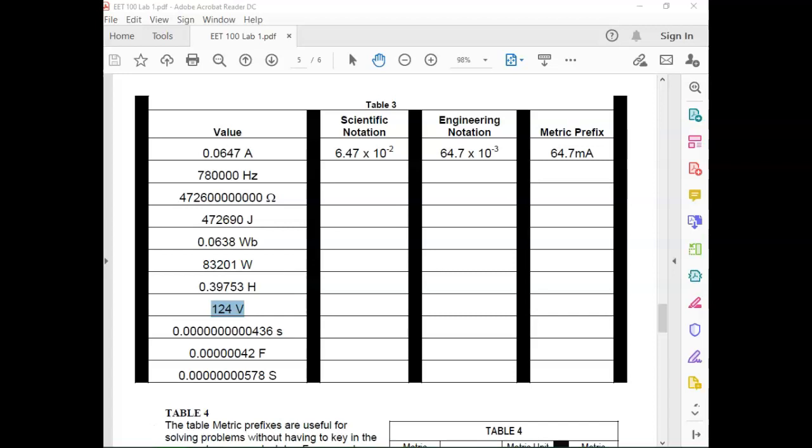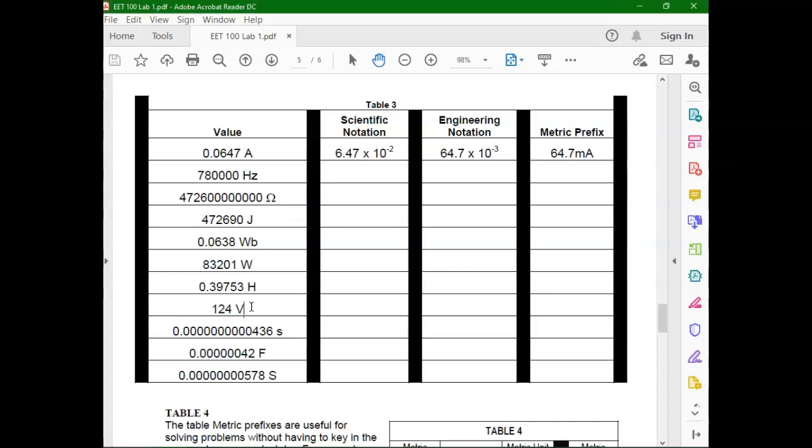Wouldn't that be 12.4 times 10 to the... I'm not sure. Okay, so with this guy, he's just going to be a whole number. He has no engineering notation because there's no way I can put him in a power of 3 without ending up in either 0.124, which is not going to work because I don't have a number in front of that decimal, or I get 124,000 millivolts.